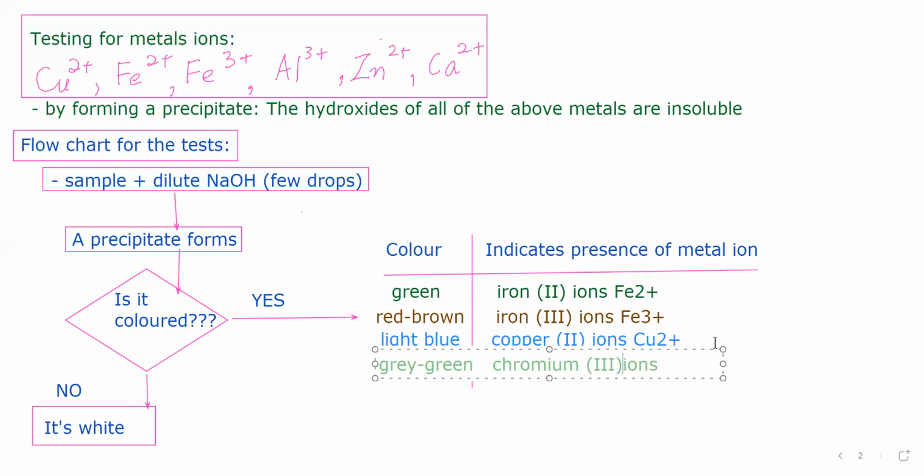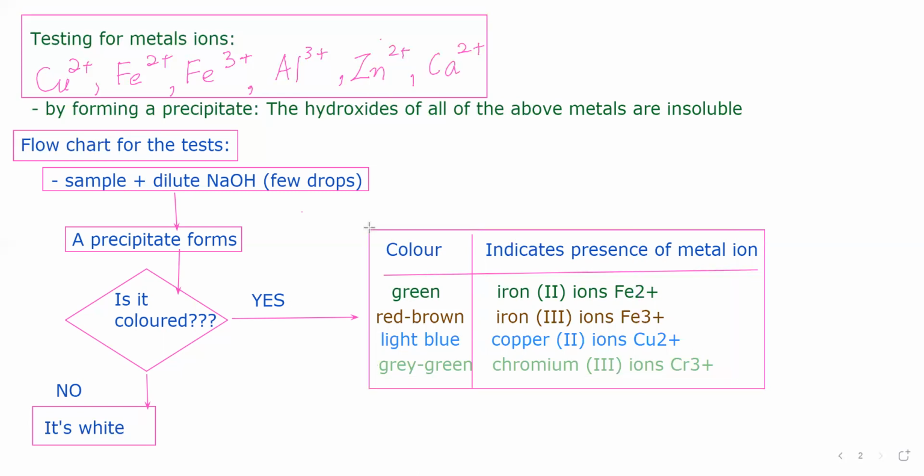The formula of the ion is chromium 3 plus. Yes, these are the ions that we might have here. So this is the presence of that. Let me add one more to the list, which is chromium 3 plus. Good to study about it.